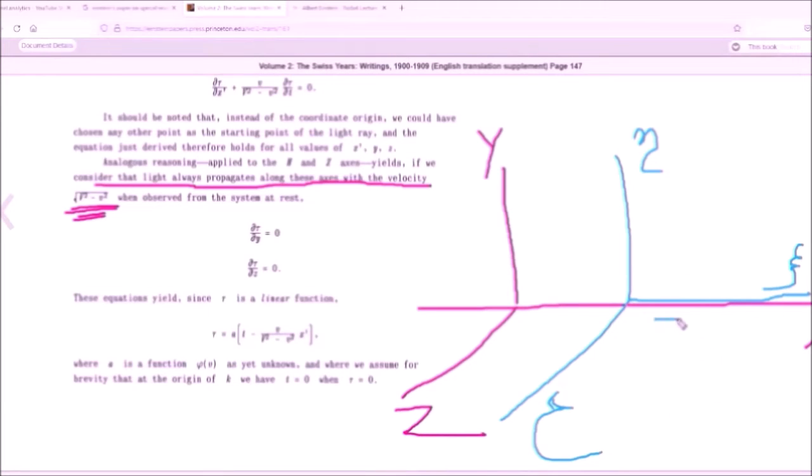And you're traveling here with a velocity v, and that is k, small k, and that is capital K.